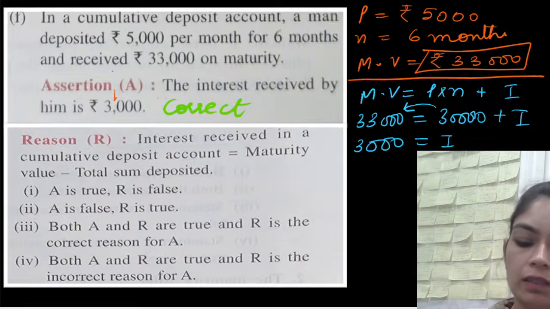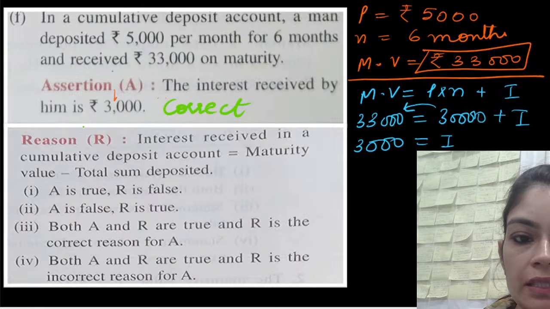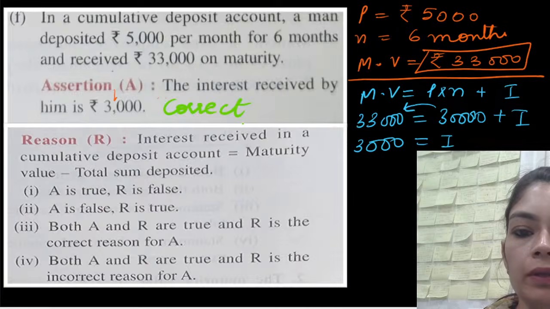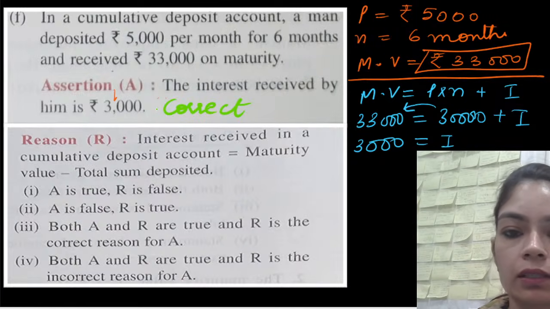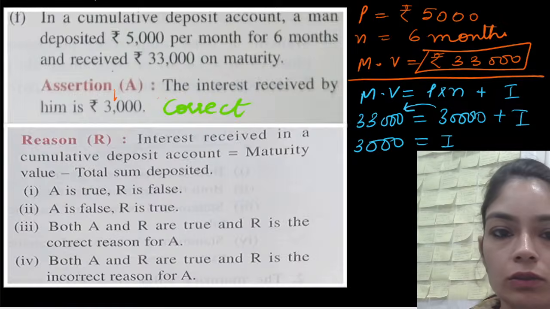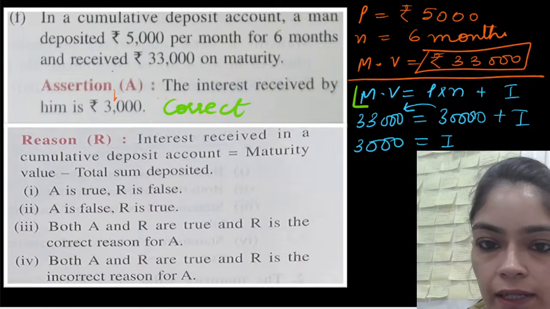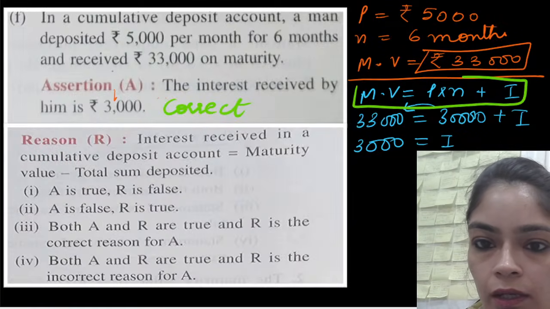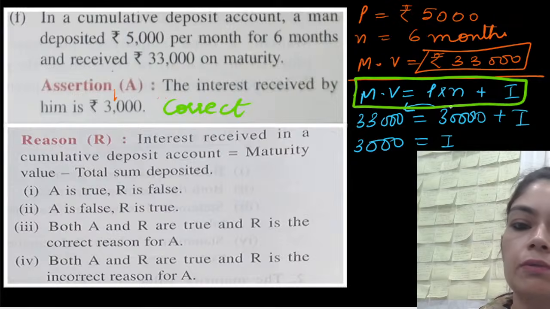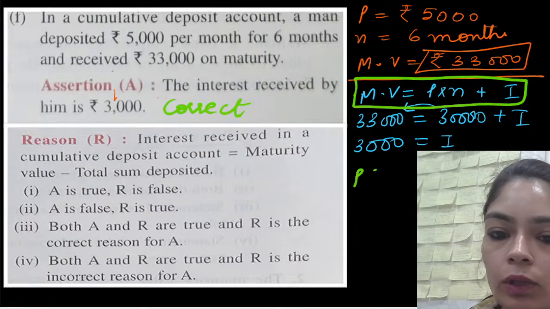Now let's check the second one. Reason we will check. So in the reason they have mentioned interest received in a cumulative deposit account is equals to maturity value minus total deposit. So you can see here I have written the formula of maturity value. P into N is what? Total deposit.